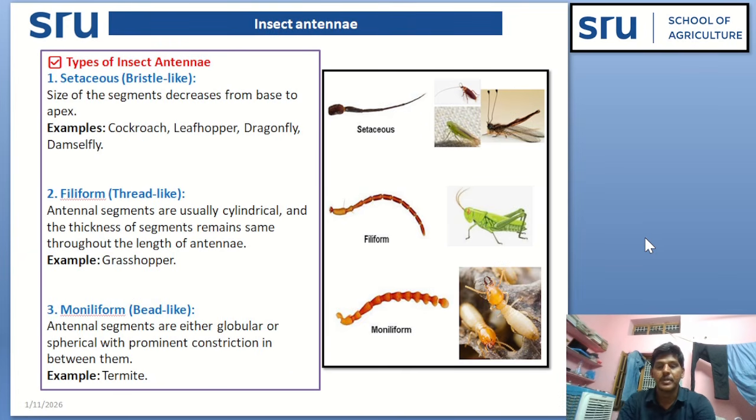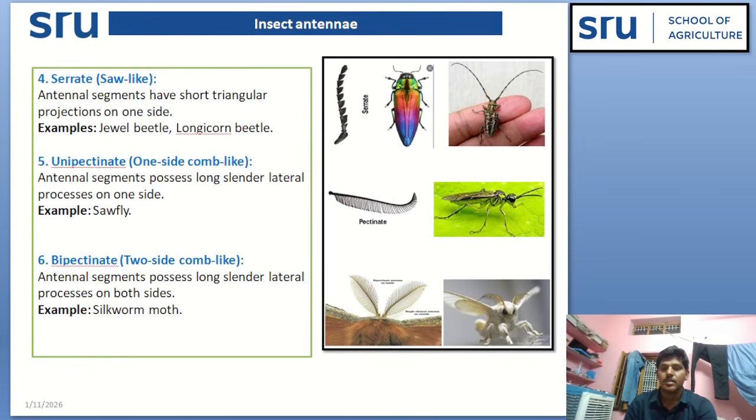See the types of insect antenna. Setaceous antenna, that is a bristle-like antenna, is there in cockroach, leafhopper, and dragonfly and damselfly. Filiform or thread-like antenna is there in grasshopper. Moniliform or beaded antenna is there in termites.